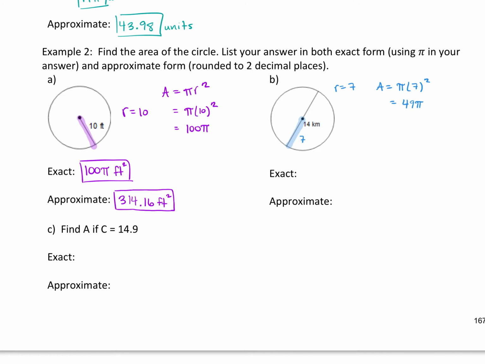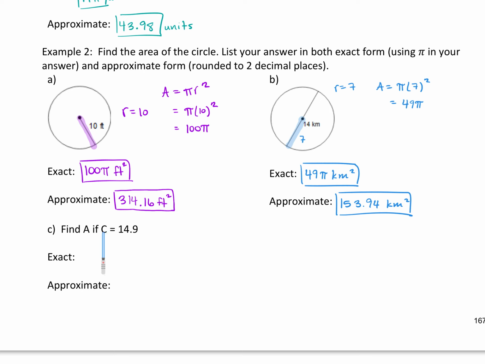And so for the exact answer, we have 49 pi kilometers squared. And for the approximate, type 49 pi into your calculator, and it gives us 153.94 kilometers squared.